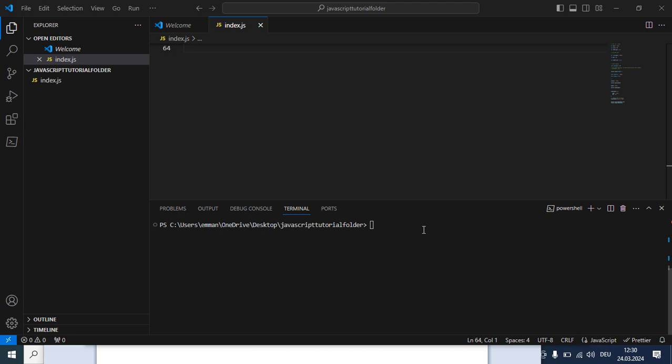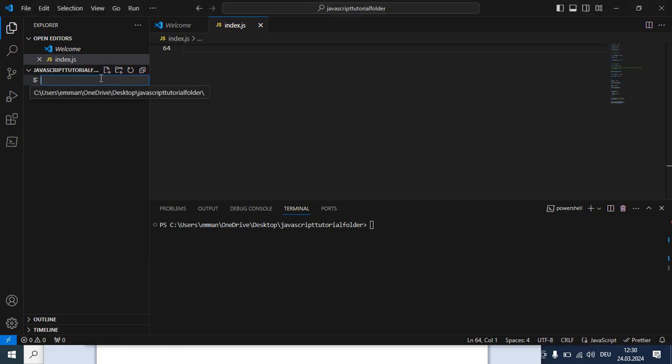assignment operators in JavaScript. So let's go over to Visual Studio Code, which is my IDE. You can use your own IDE, but for me I'm using Visual Studio Code. So I create a file, a JavaScript file.